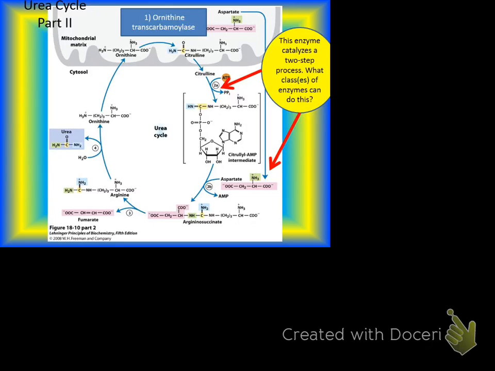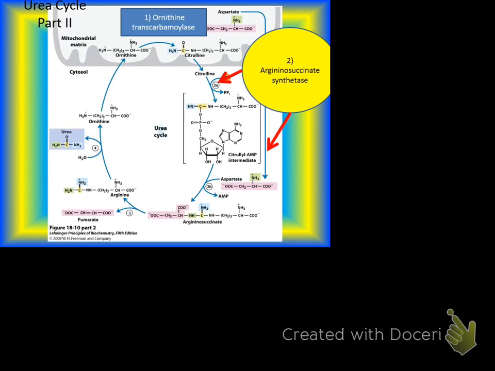This is a synthetase. And so specifically, what would you call it? That is correct. This is argininosuccinate synthetase. So that bracket is just the intermediate. It's not leaving, and you don't find it loose in the cell.